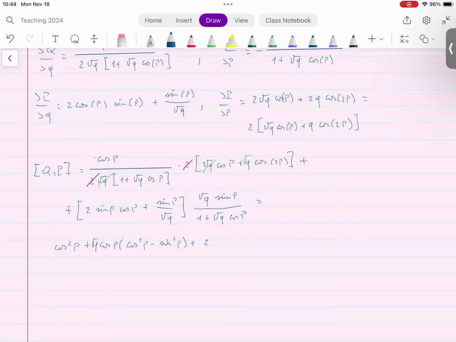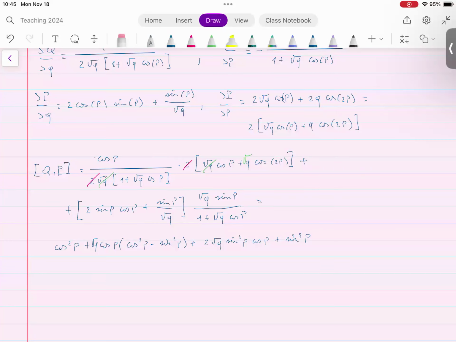So here we have 2 square root of q sine square of p cosine of p. It's the first term. The second term gives me just sine square of p, and it has no square root, okay?